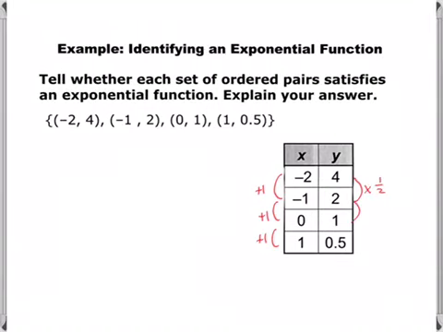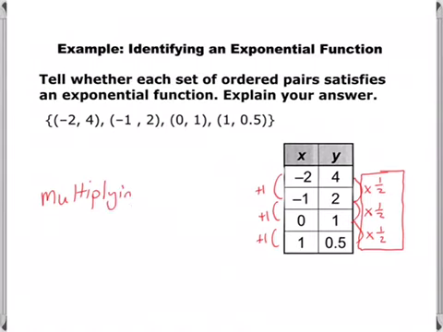Then half of 2 would be 1, and then half of 1 would be 1/2. So in this case, we are multiplying again, but this time we're multiplying by 1/2. And since we're multiplying by the same number each time, this is an exponential function.